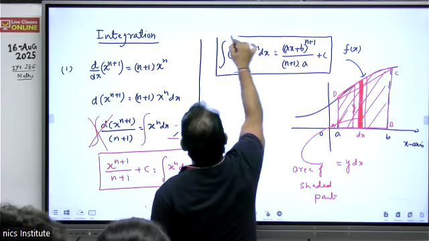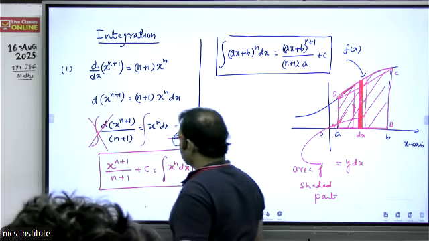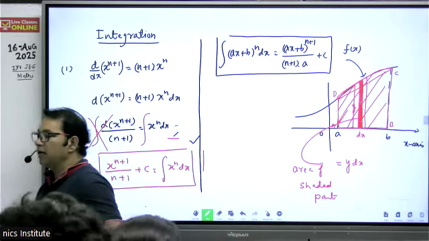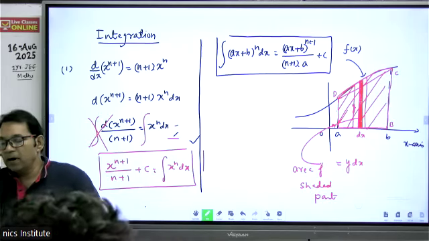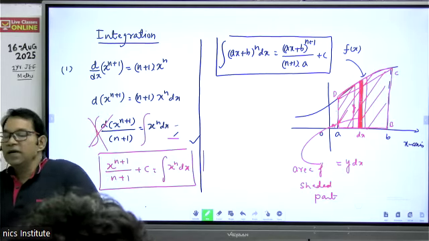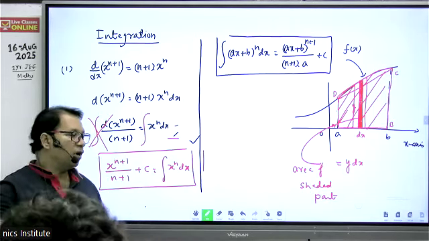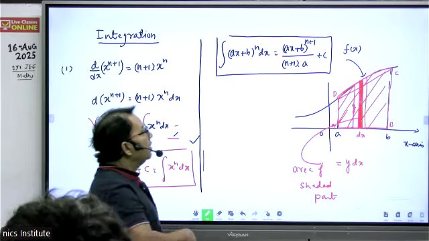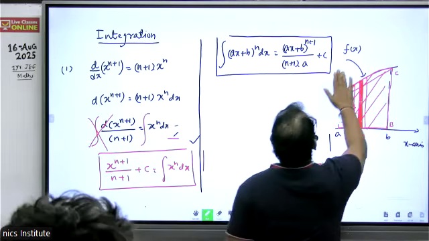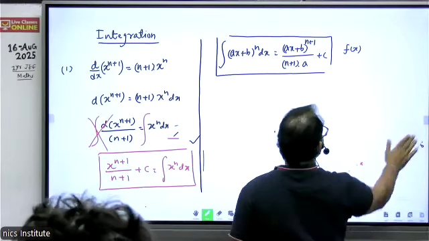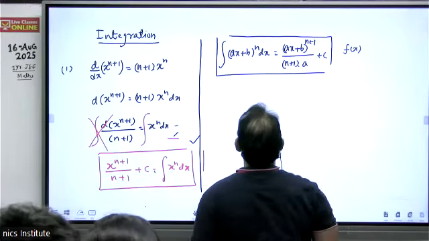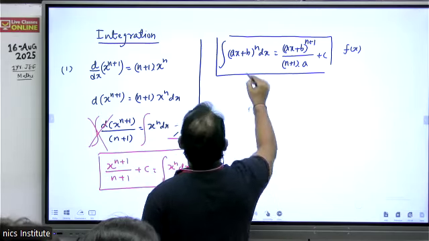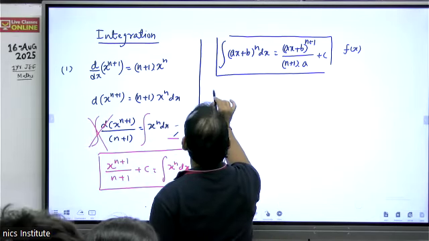So this is an extension of this formula. For x to the power n, the integration is x to the power n plus 1 by n plus 1. But in place of x, if you have ax plus b to the power n, it would be ax plus b to the power n plus 1 over n plus 1. Formula number 1.